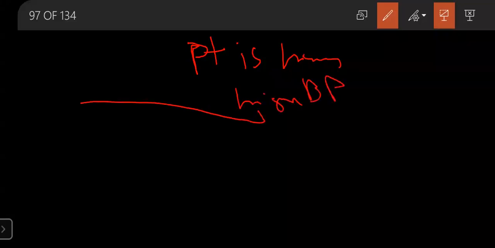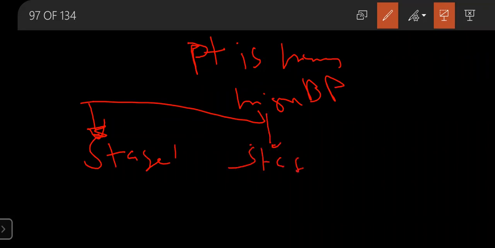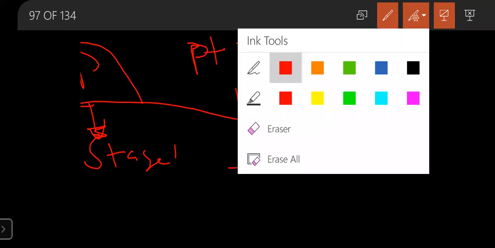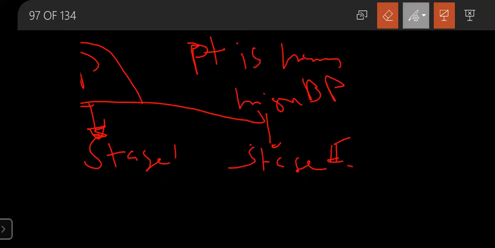So is this patient having stage 1 or stage 2? Pre-hypertension. Sorry, I will remove it and draw it again.